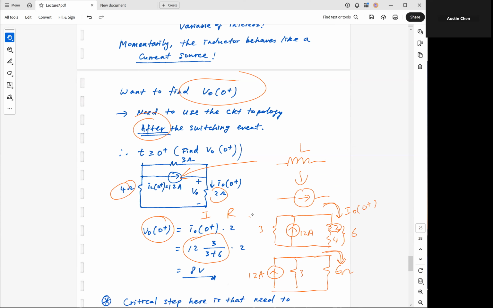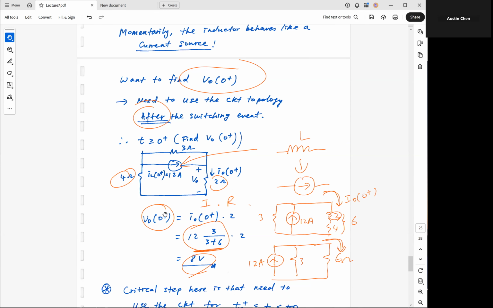So 12 times 3 over the sum, the standard current division technique, times 2. Once I have this current, I multiply by the resistance, and I get 8 ohm, sorry, 8 volts for the voltage.